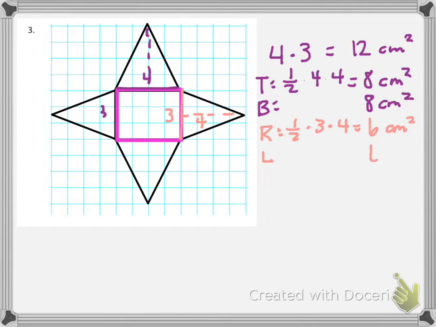And then the left side is going to be the exact same size, so also 6 square centimeters. And then we add them up. 12 and 8 is 20, 28, 34, and this is 40 centimeters squared. That's the surface area of this rectangular pyramid.